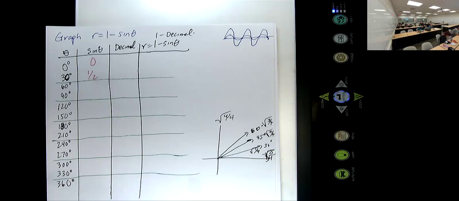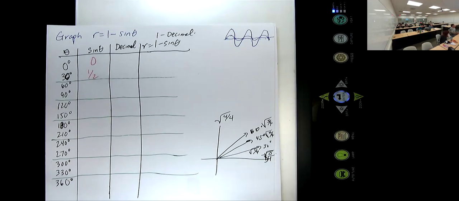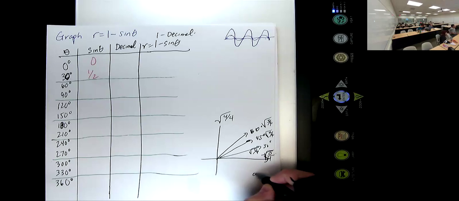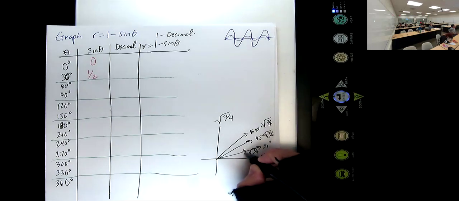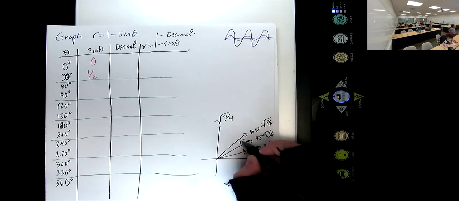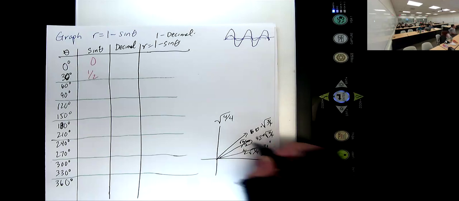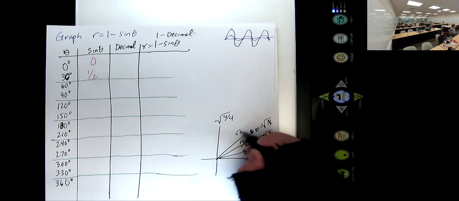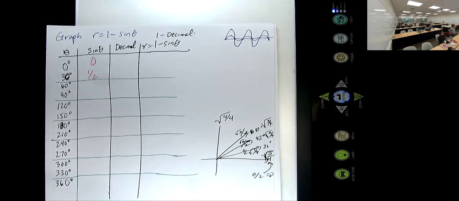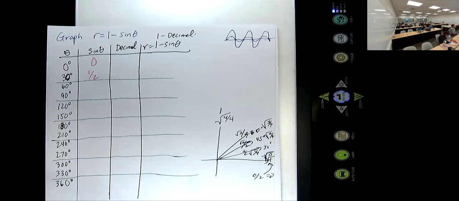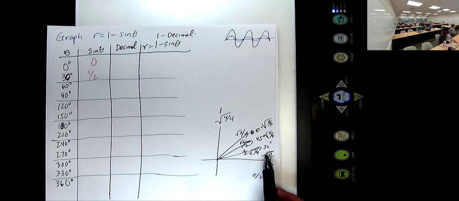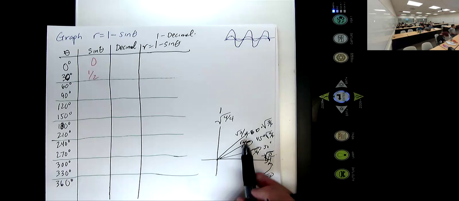But the square root of 4 on the bottom is always 2, so this is effectively 0 over 2, which is 0. Square root of 1 over 4 is 1/2. Square root of 2 doesn't change, but the bottom is 2. Square root of 3 doesn't change, but the bottom is 2. And square root of 4 over 4 is 1. So it follows a pattern. The numerator is 0, square root of 1, square root of 2, square root of 3, square root of 4.